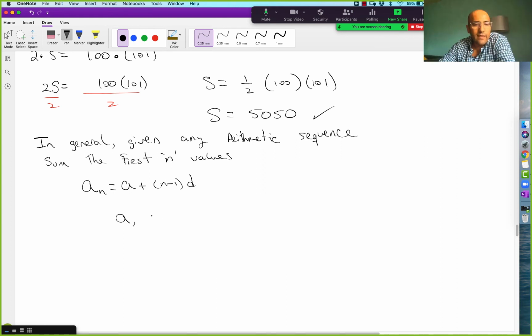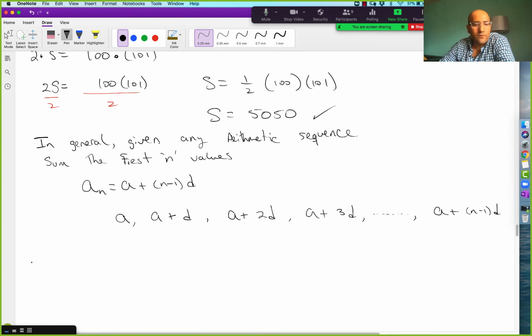And then it's going to be a plus d, and then a plus 2d, and then a plus 3d, dot, dot, dot. And then the last one on there is going to be a plus n minus 1 d. Good.